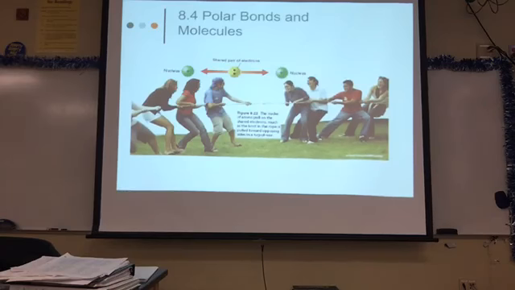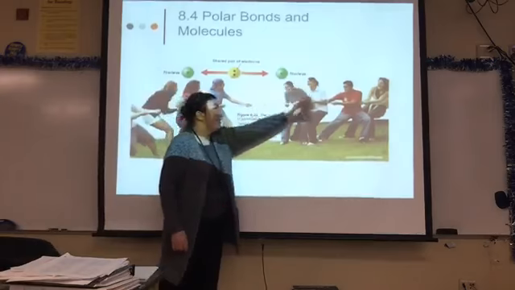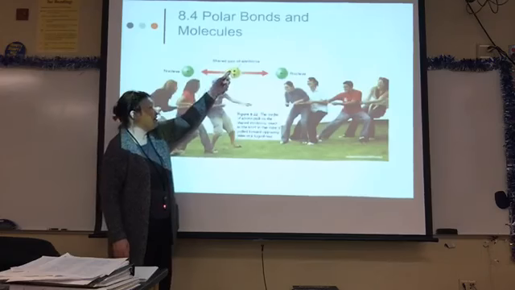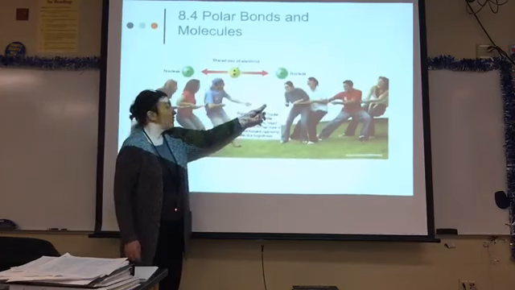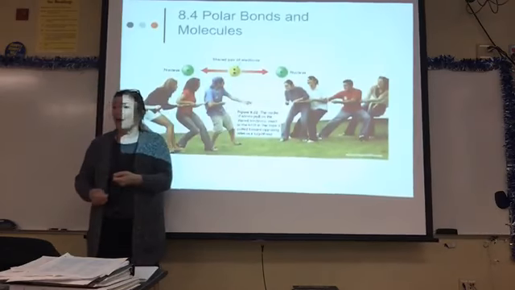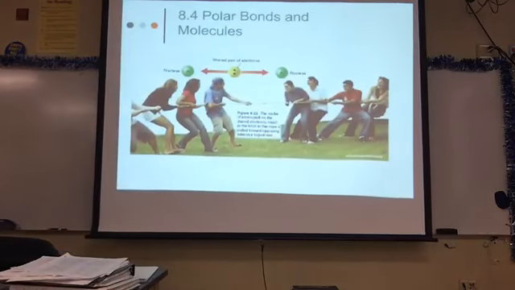If you look at this tug of war up here, here are my two atoms. This is one atom, this is another atom. And there's my electrons in the center. Whoever pulls it closer to them has a greater electronegativity. There's that term again, electronegativity. It's back.